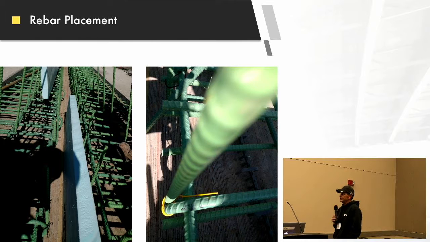That way you get the development you need, especially on something like this where you're counting on that rebar to support that additional part of the deck, plus your parapet and any impacts that might come to it.